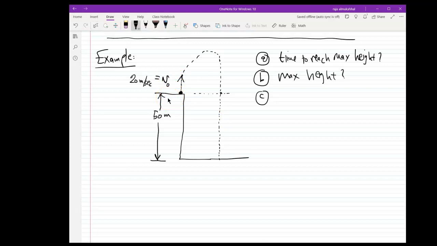So the time to return to the level of the thrower. And D, the velocity at this instant.